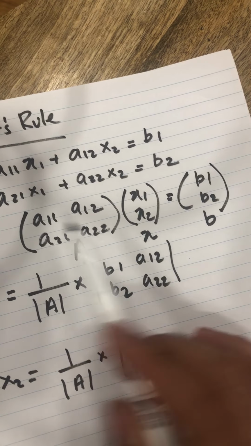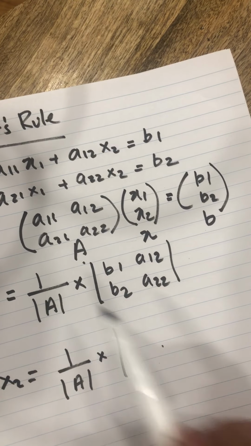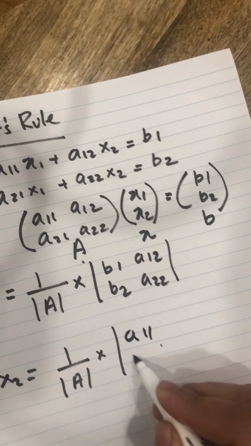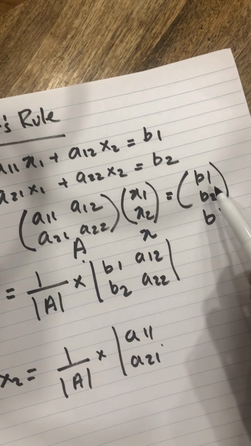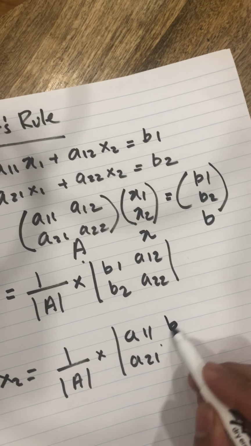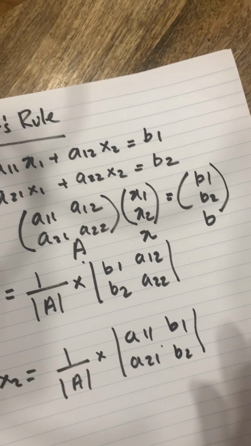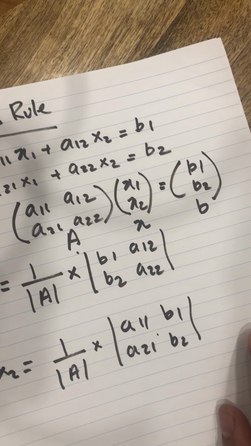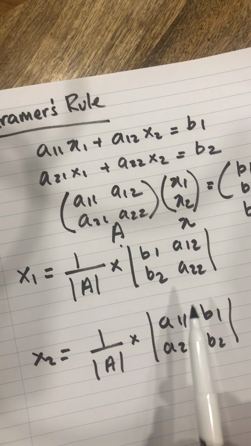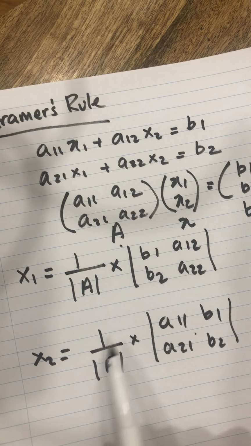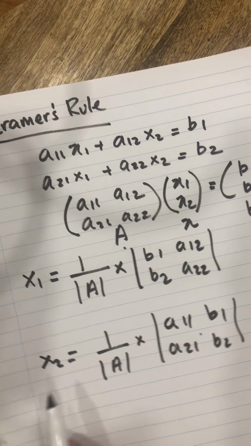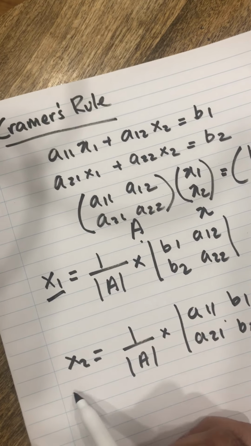Now for x2, you're going to take this column a11, a21, but the second column is the one you're going to replace with b1 and b2. If you compute these two expressions, you're going to solve for x1 and x2.